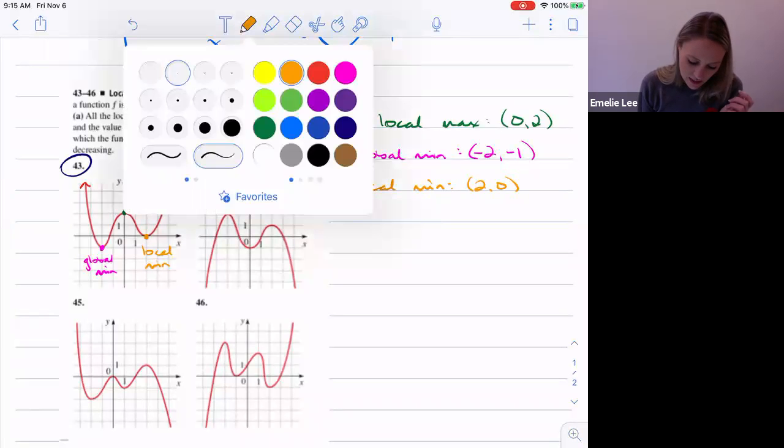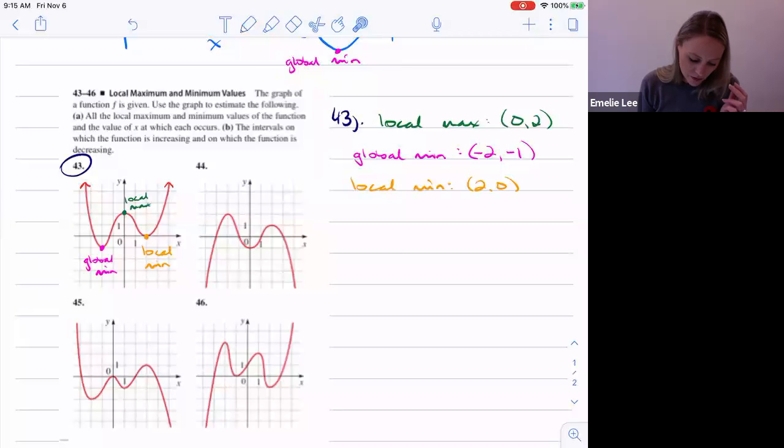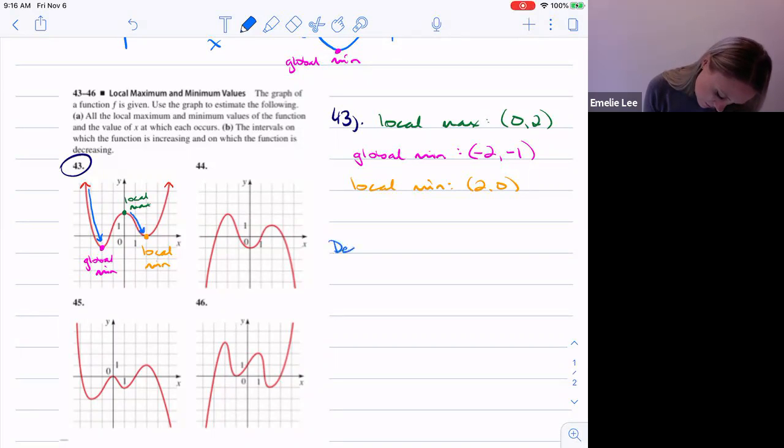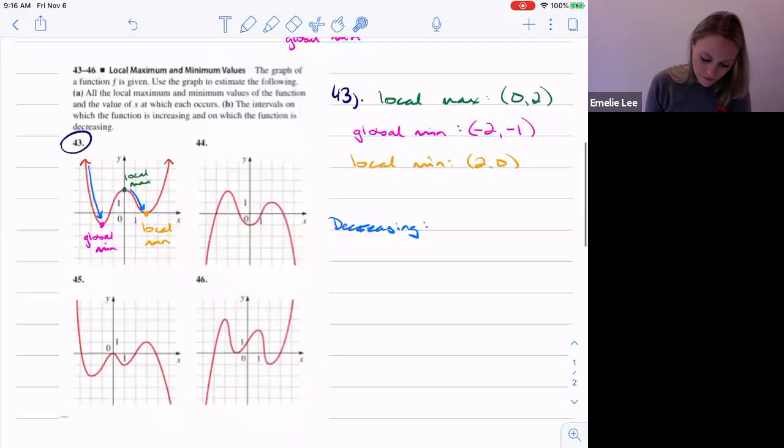Let's find where it's increasing and where it's decreasing. Just looking here, it's decreasing, and then it switches to increasing, and then it switches to decreasing, and then it switches to increasing. So let's move from left to right on the graph. This is decreasing, and then here it's decreasing. Now we're talking about where on x it is increasing and decreasing.